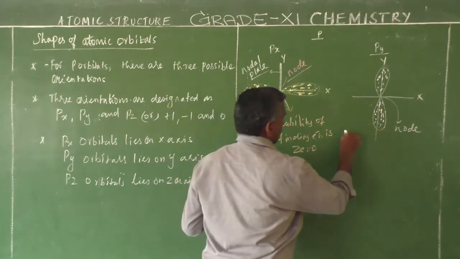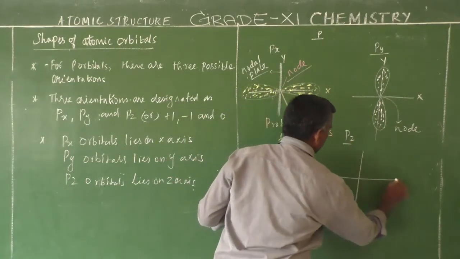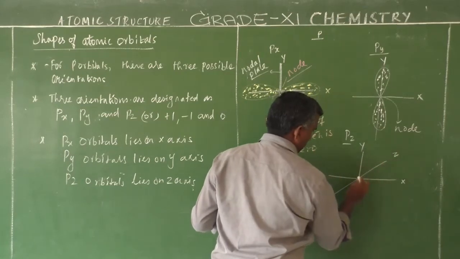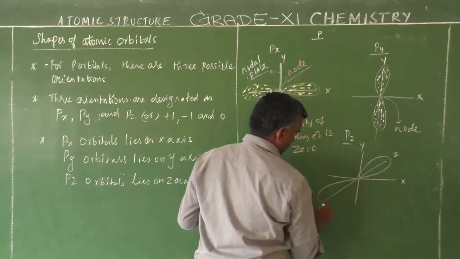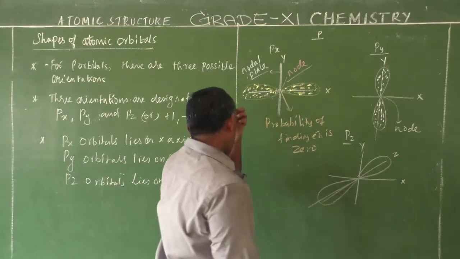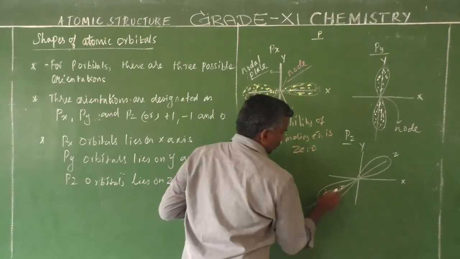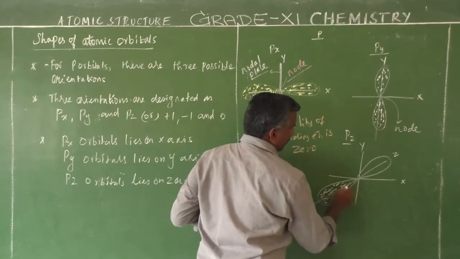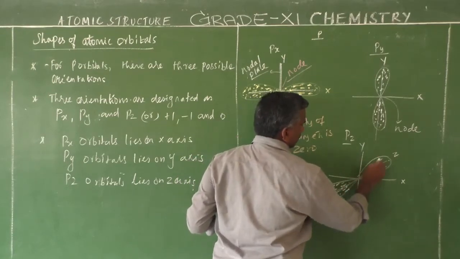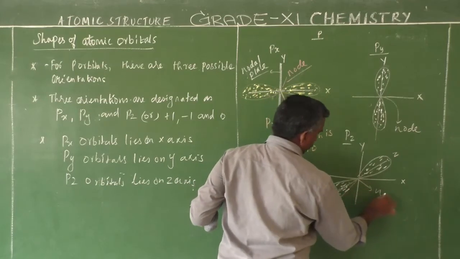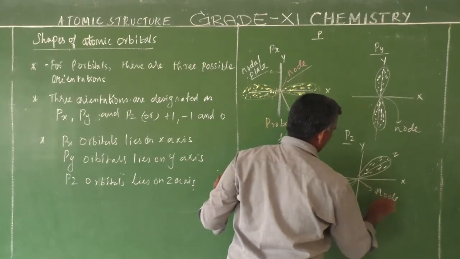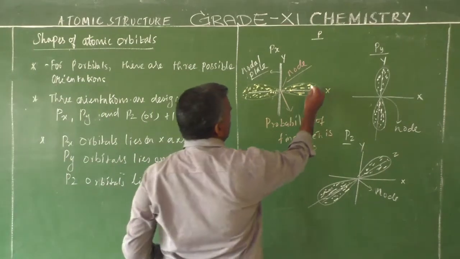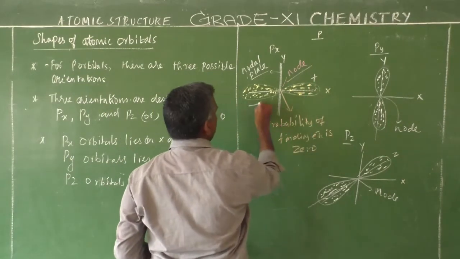Now pz orbitals. This is the electron charge cloud. This is cloud form, electron present. This is known as node. Okay. Now this is a positive loop, this is a negative loop.